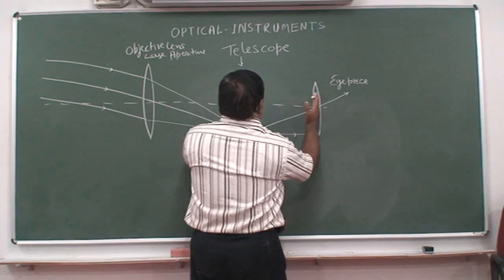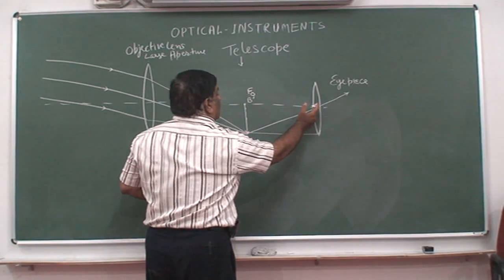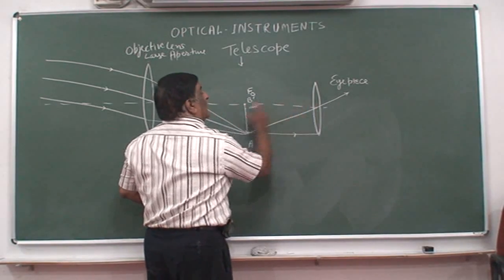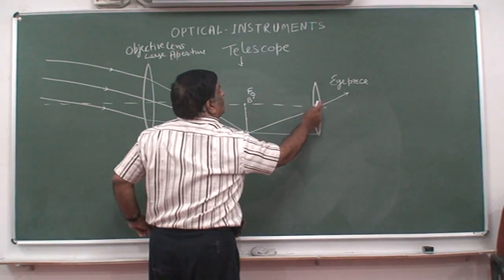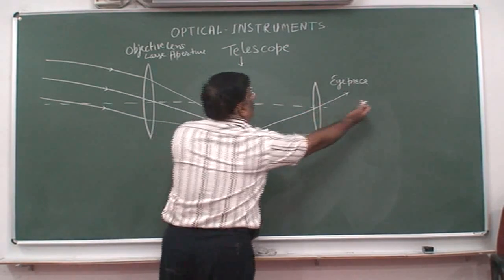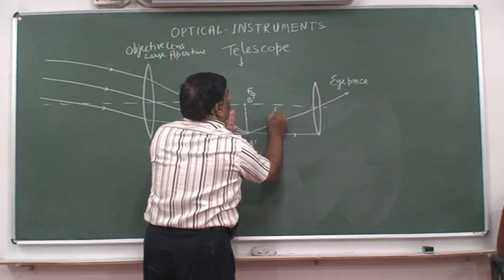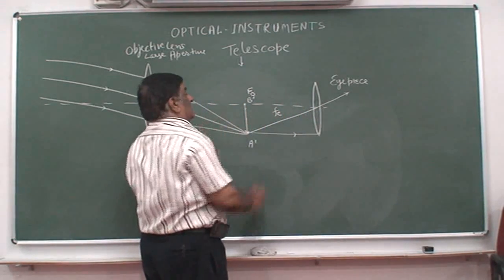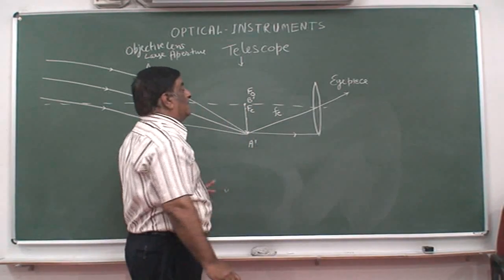Now we keep this in such a way that this point is at a distance of its focal length. This is the eyepiece and this is the focus. We slide it in such a way that this distance is equal to the focal length of the eyepiece. And the focus of the eyepiece comes here.